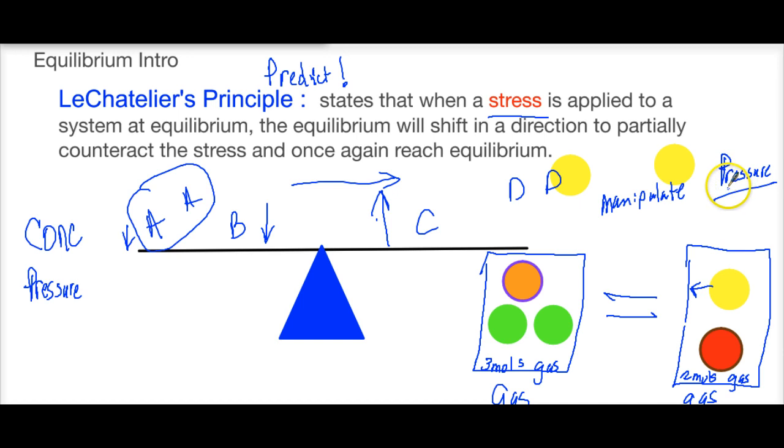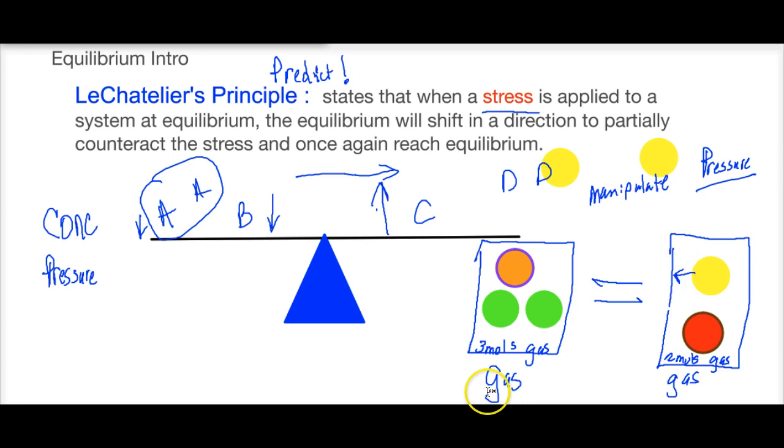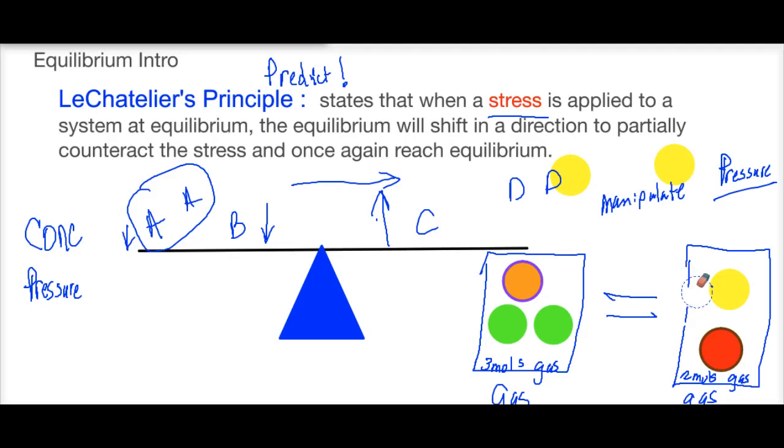So how are we going to manipulate this pressure? The only way we truly manipulate pressure other than temperature is volume. Some of y'all tried to write about this, but it just came out all sideways, so be careful as you're thinking about this. To increase pressure, we're going to decrease the volume.